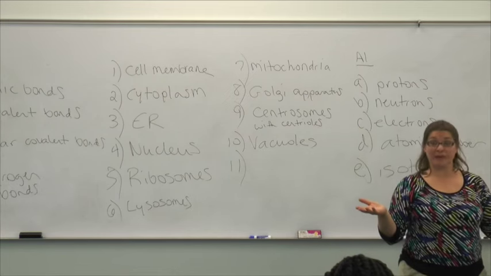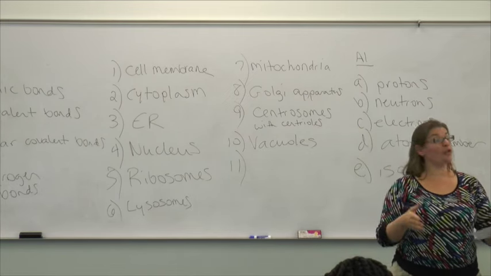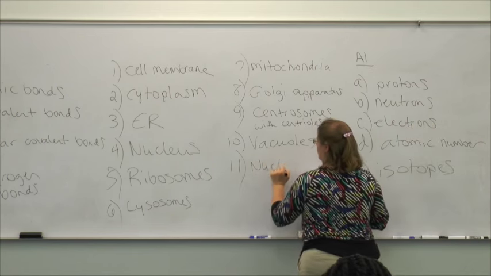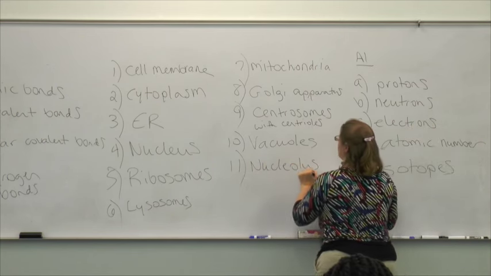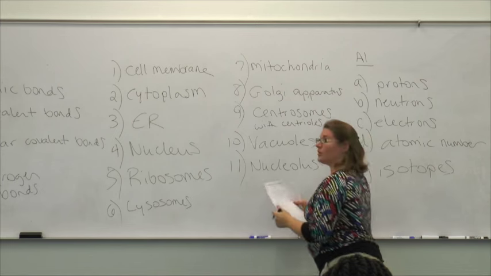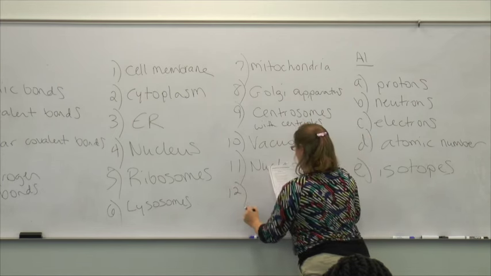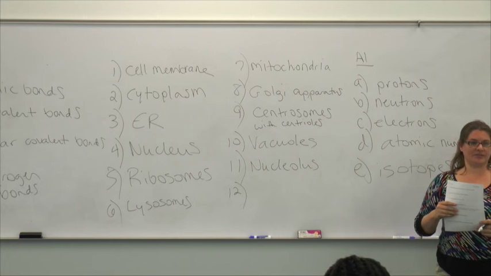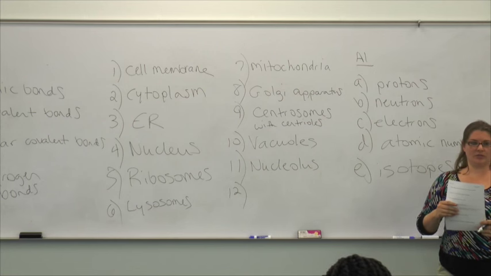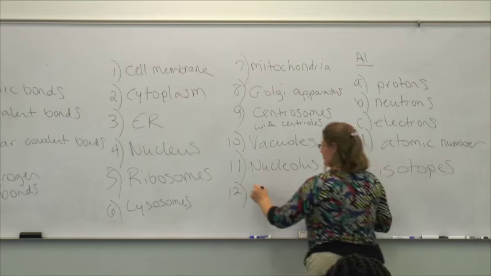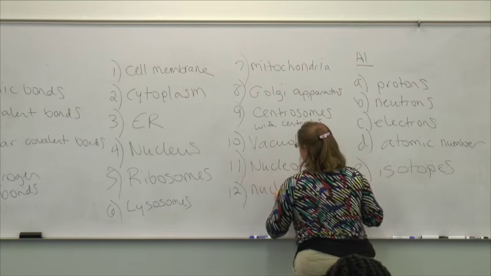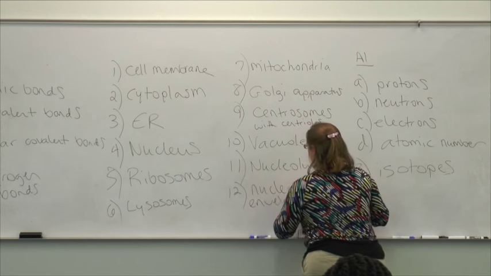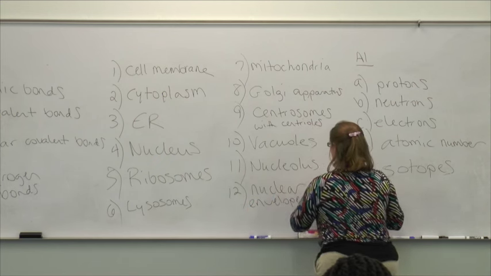Where are ribosomes made? The nucleolus. Number 12, controls movement into and out of the nucleus. The nuclear envelope. Or the nuclear membrane, it means the same thing.